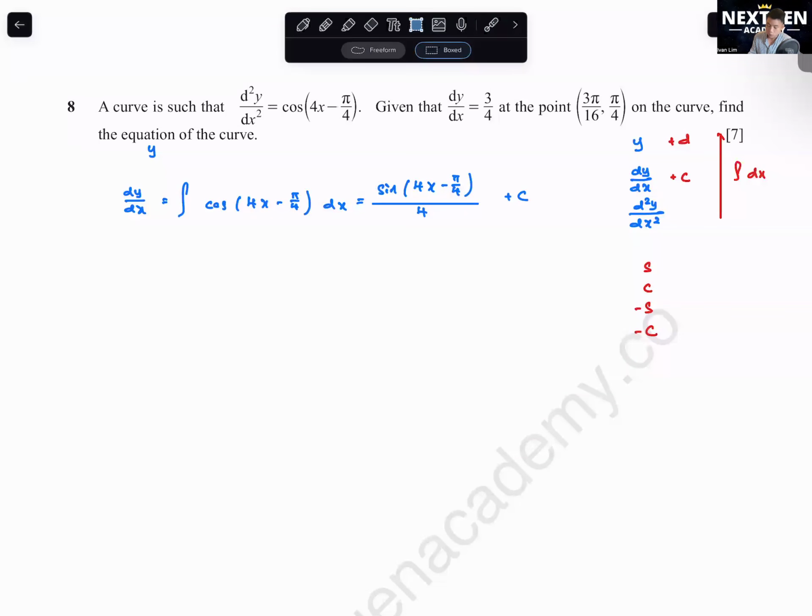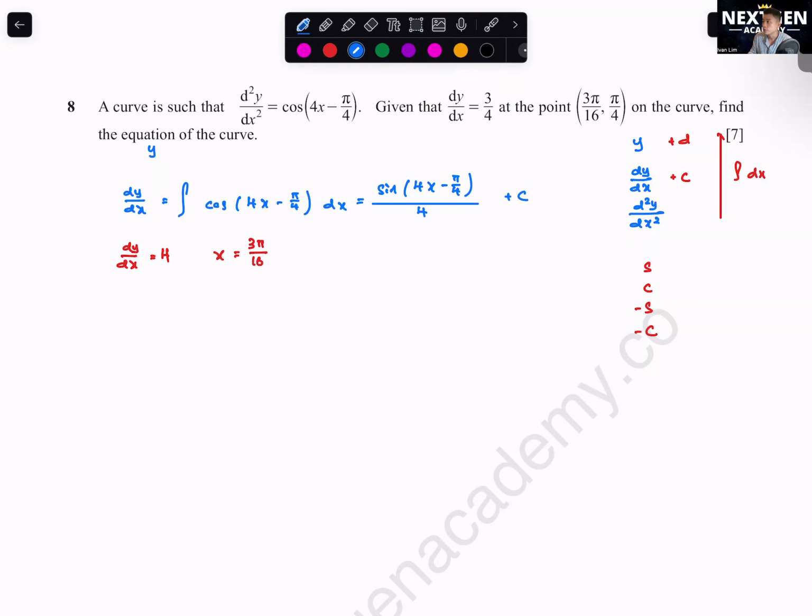Once we got our dy over dx, they say dy over dx is equals to 3 over 4 at this point here. So I'm going to substitute dy over dx equals to 3 over 4 at this one. Then you just need to substitute your x value, 3 pi over 16.